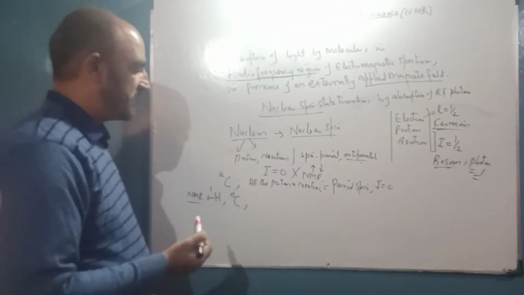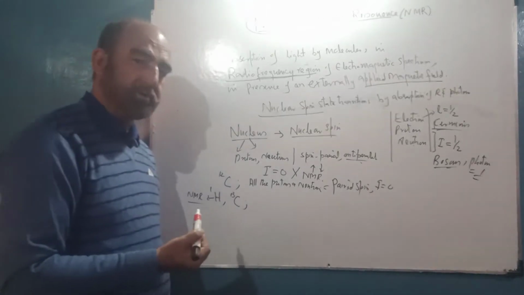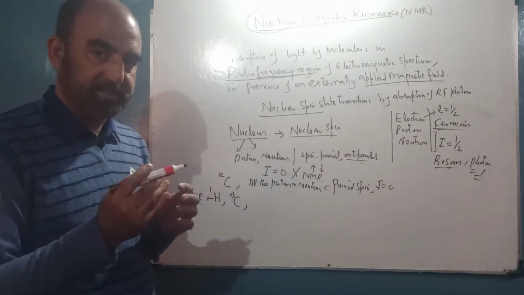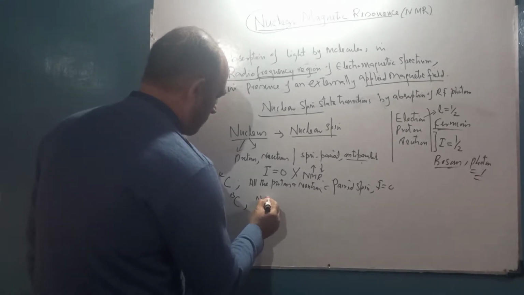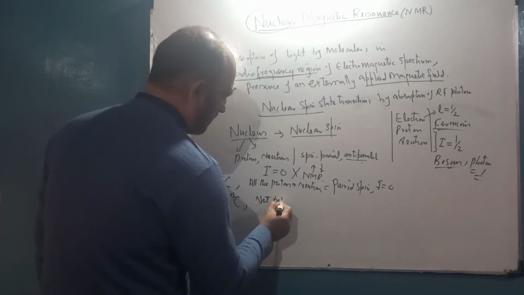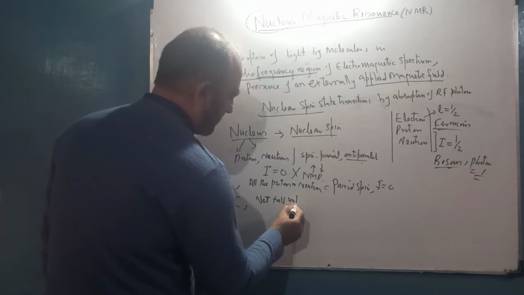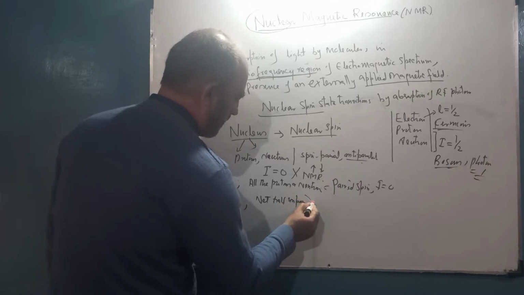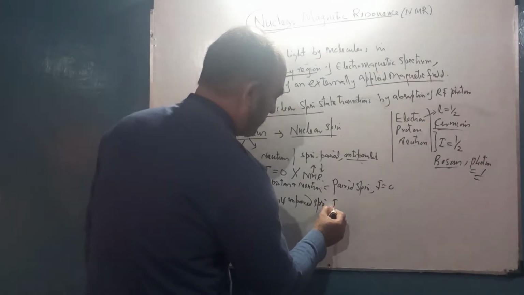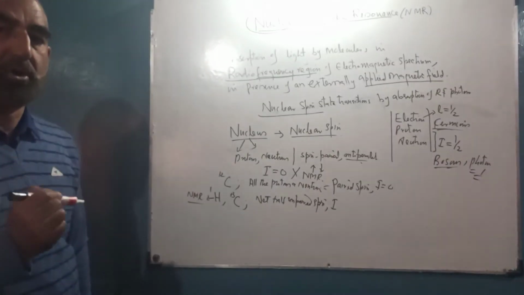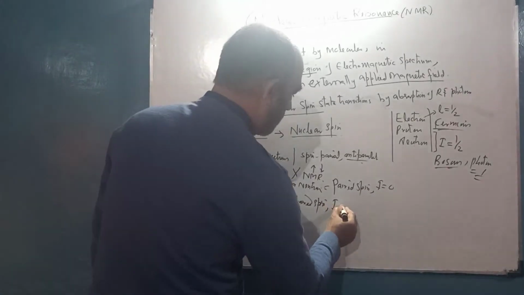So in that case, all the protons and neutrons are not having paired spins, and we have a net half spin, or we can say unpaired spin. If we have one unpaired spin, the I value, that is the nuclear spin quantum number, will take value 1/2.